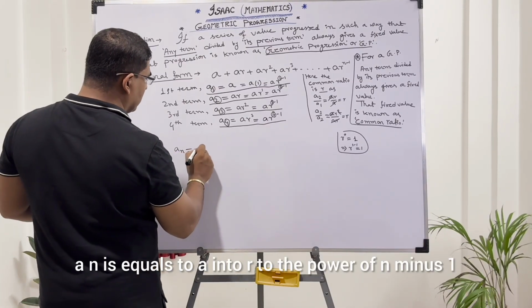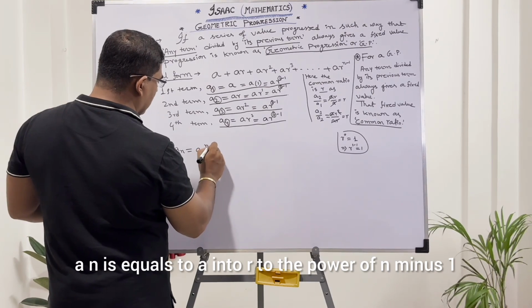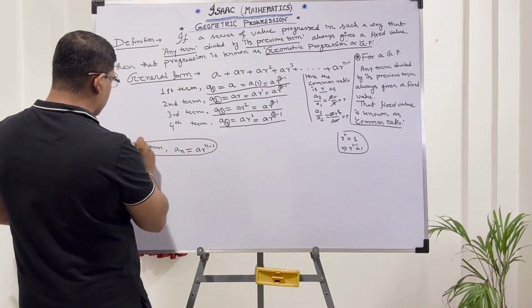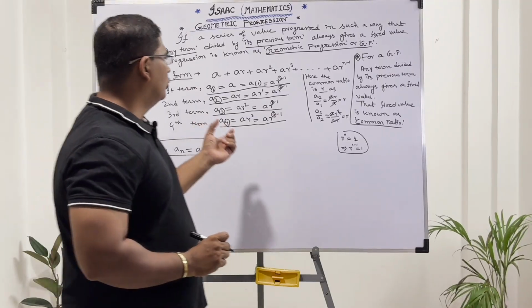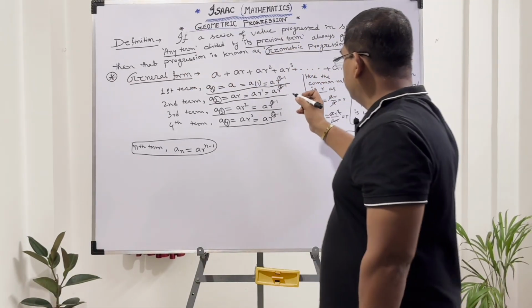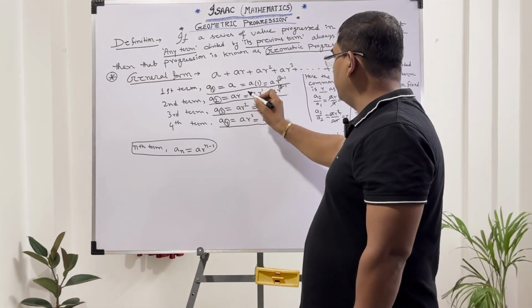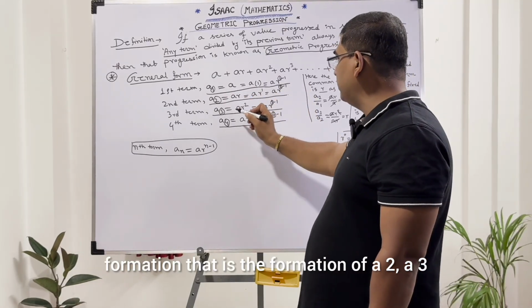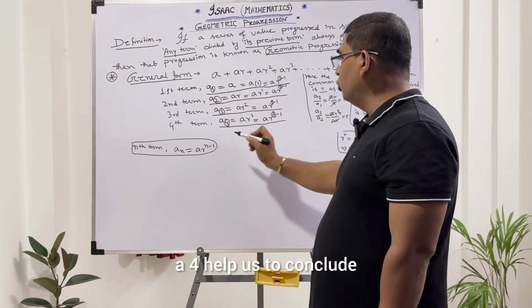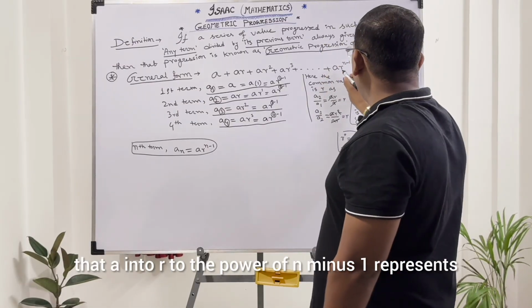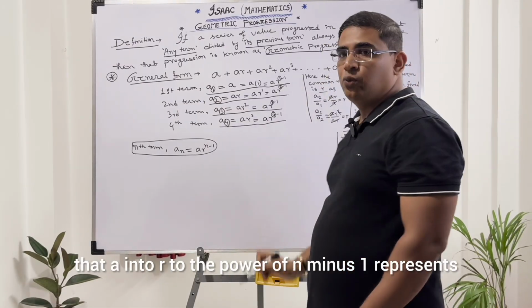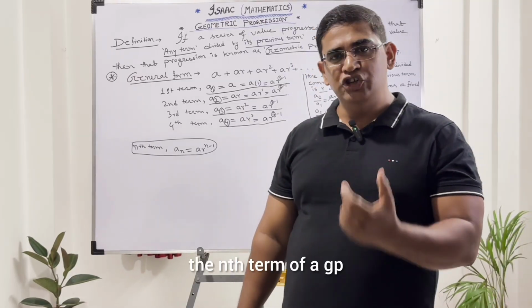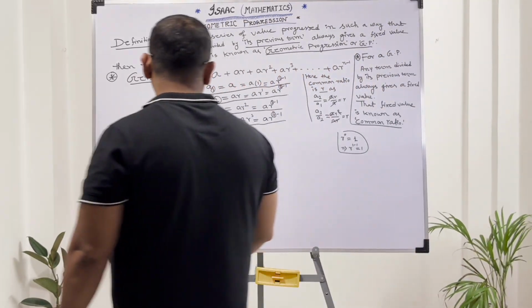An equals A into R to the power of n minus 1. So this formation of A2, A3, A4 helps us conclude that A into R to the power of n minus 1 represents the nth term of a GP.